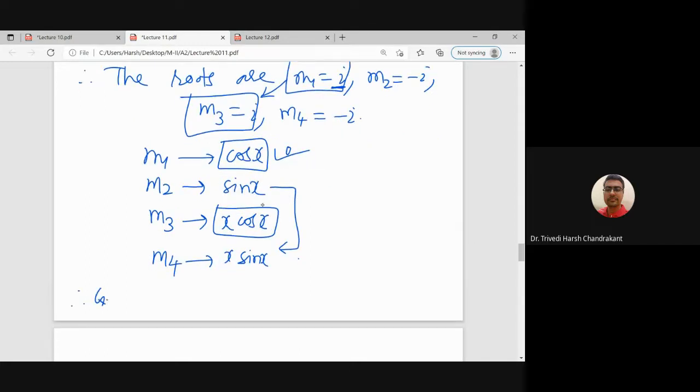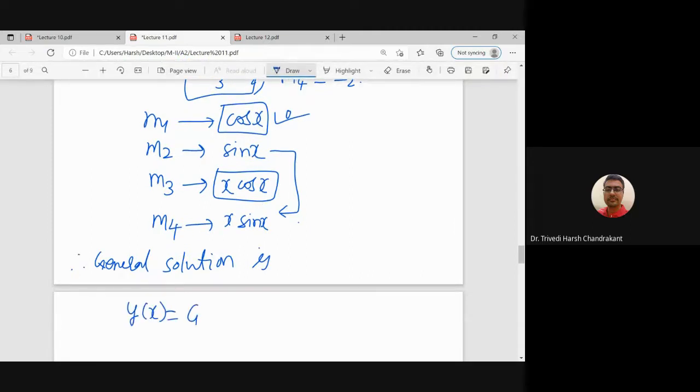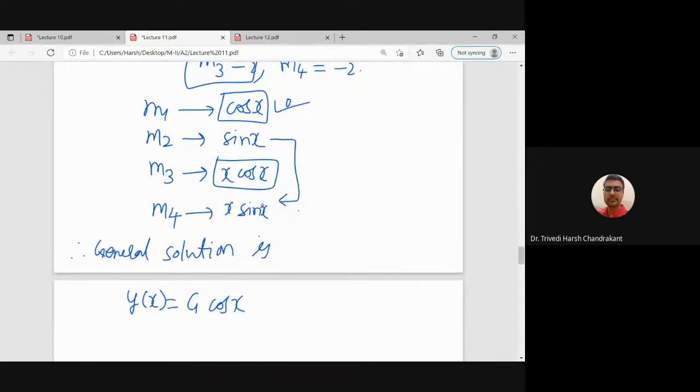So therefore, the general solution is y(x) equals c1 times cos x, plus second constant times sin x, third constant times x cos x, plus fourth constant times x sin x.